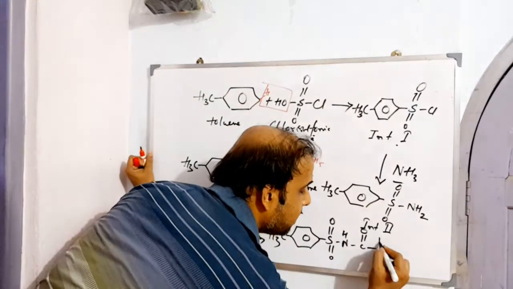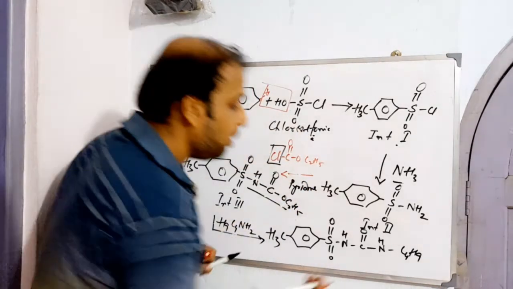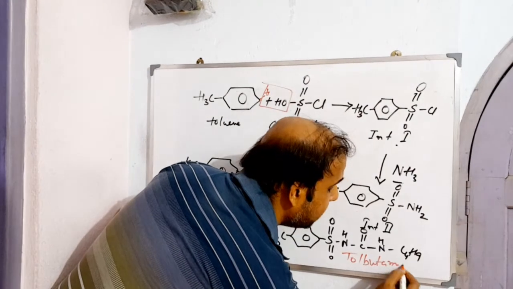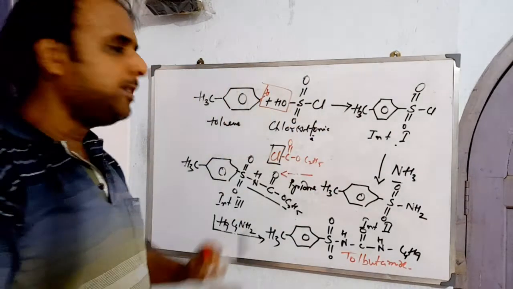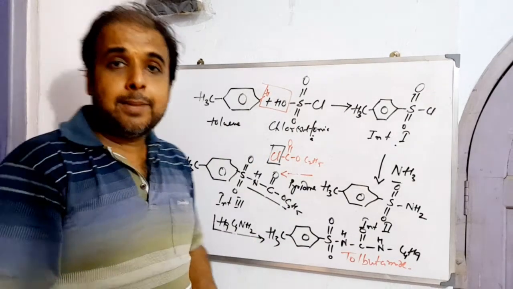So NH, then C4H9. So thus we got our desired compound, that is tolbutamide. So with that we are done with the making of tolbutamide. This is one of the easiest processes with which tolbutamide can be built, right?